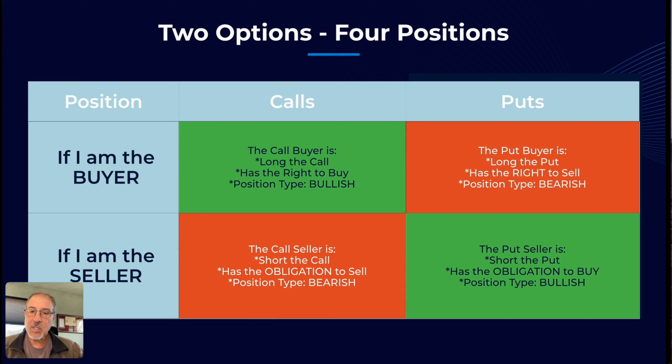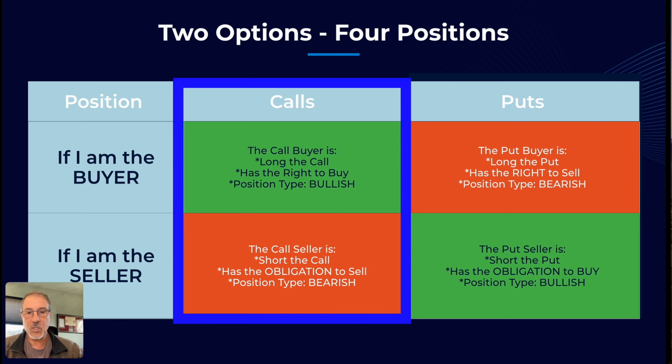So to give you a sense of how this works, there's really only two options. There's puts and calls, but these two options can create four different positions depending on whether you're the buyer or the seller. The call buyer is said to be long the call, and they have the right to buy at a predetermined price.